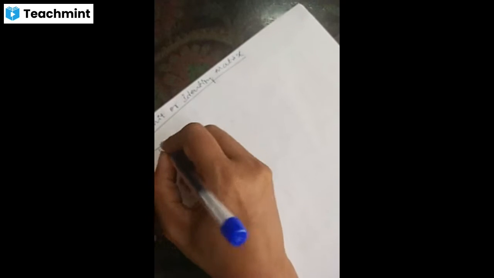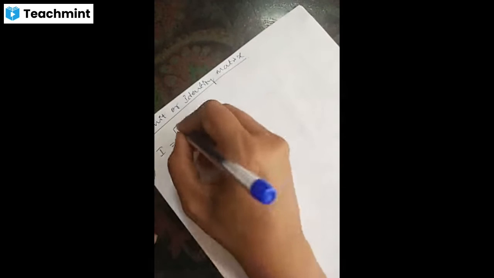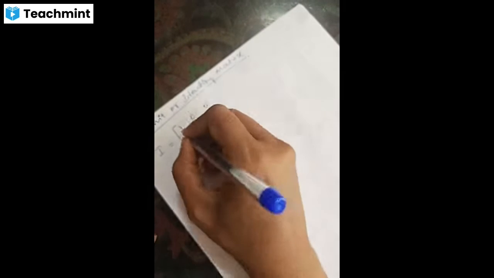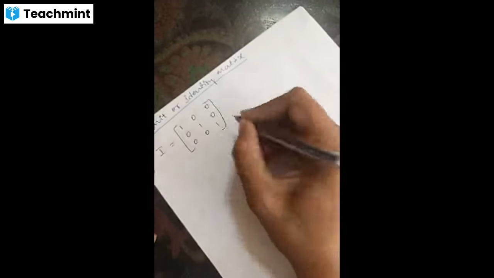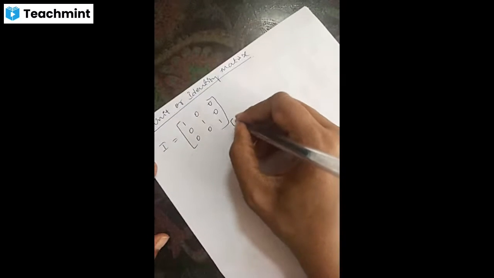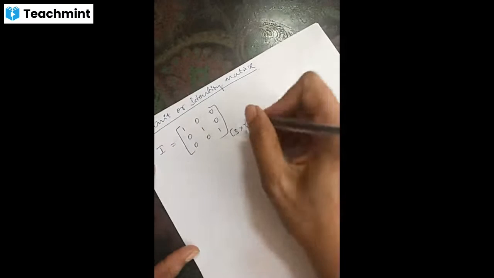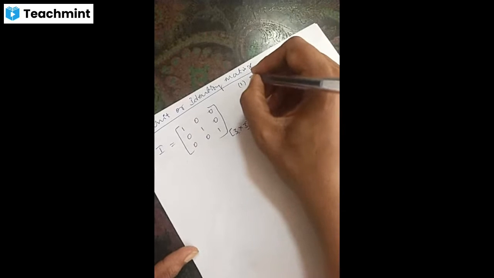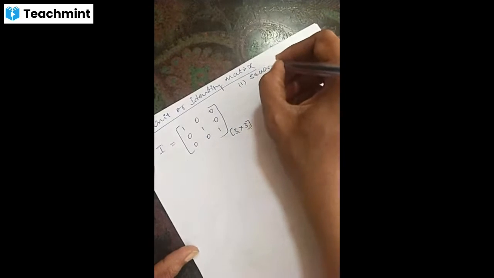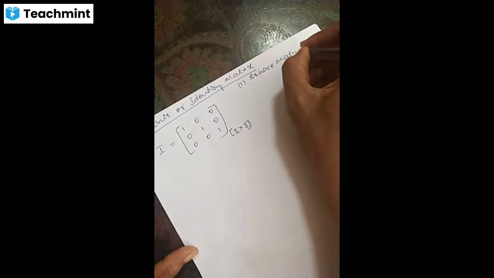Here, let us say I is equal to 1, 0, 0, 0, 1, 0, 0, 0, 1. What is the order of this matrix? 3 cross 3. The very first condition is that it must be a square matrix.